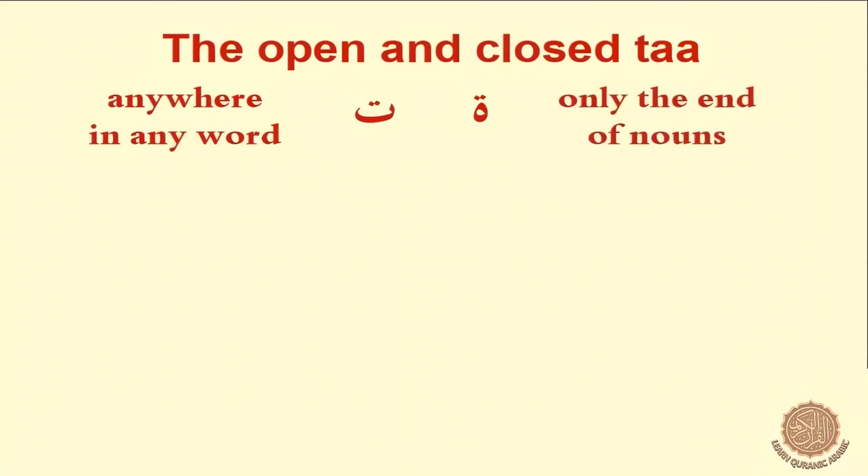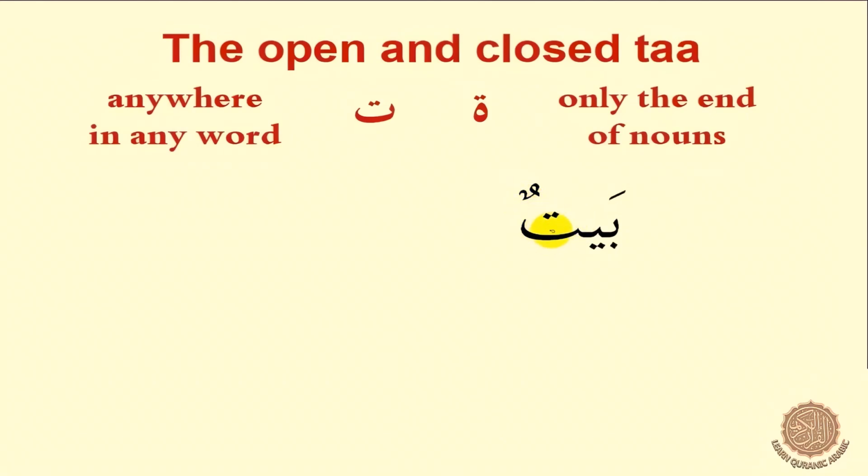While the tat marbuta, the closed tat, only occurs at the end of a word and only in nouns. So let's look at some examples of this, inshallah. So here we have the word bait, baytun. This is the Tanween, and this is an open tat.